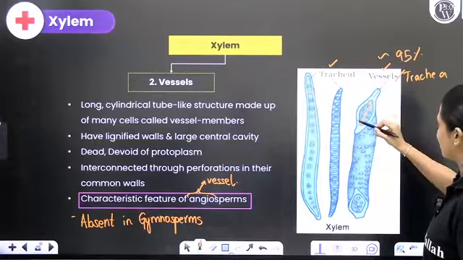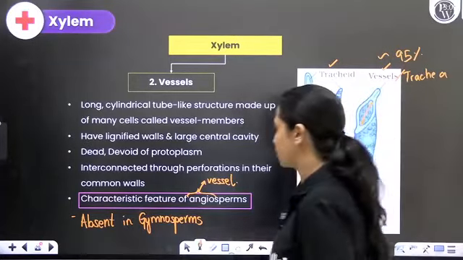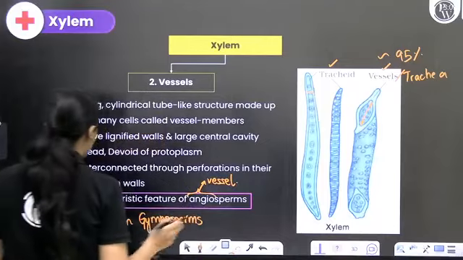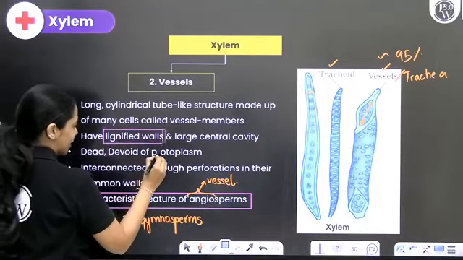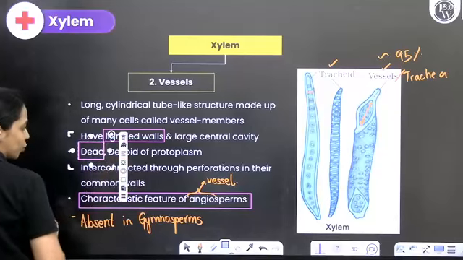So similar cells will lie one on top of another and form a tube-like structure through which water transport takes place. So this also has lignified walls and it has a large central cavity. It is dead at maturity. It lacks protoplasm.